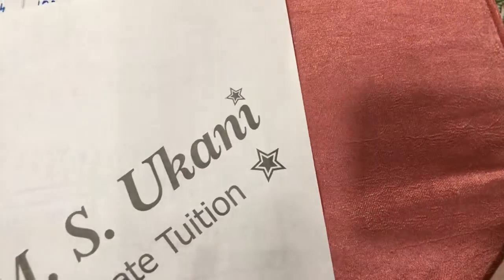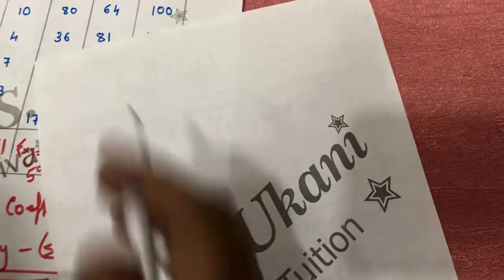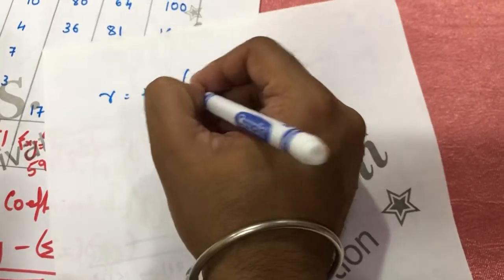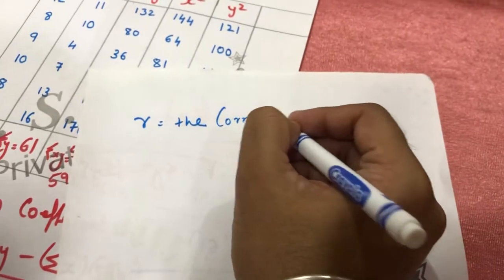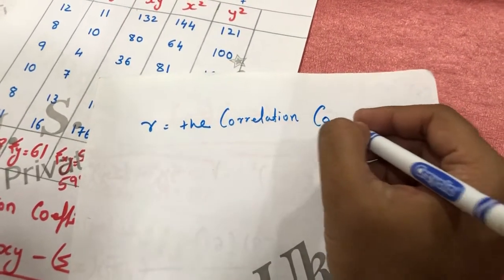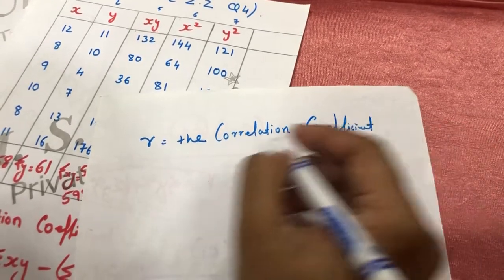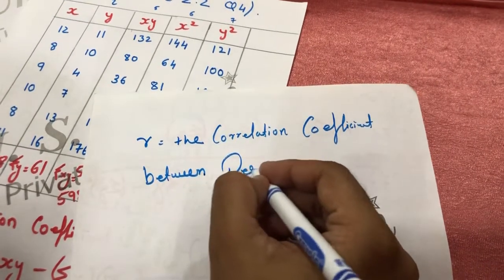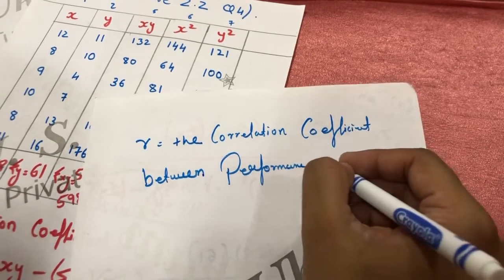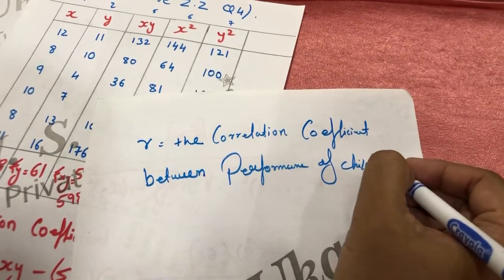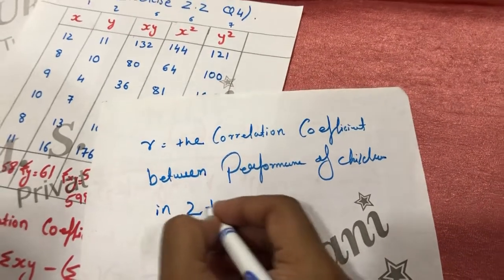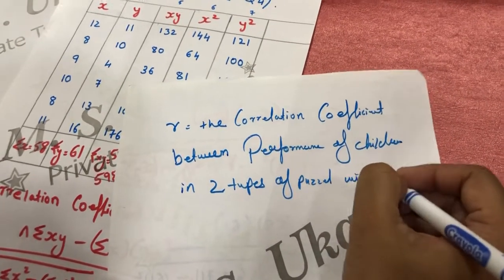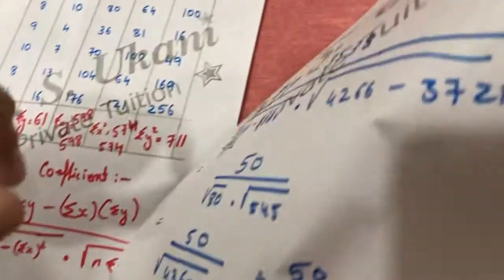So in this way we have to write the answer: r, the correlation coefficient between performance of children in two types of puzzle will be r equals 0.24.